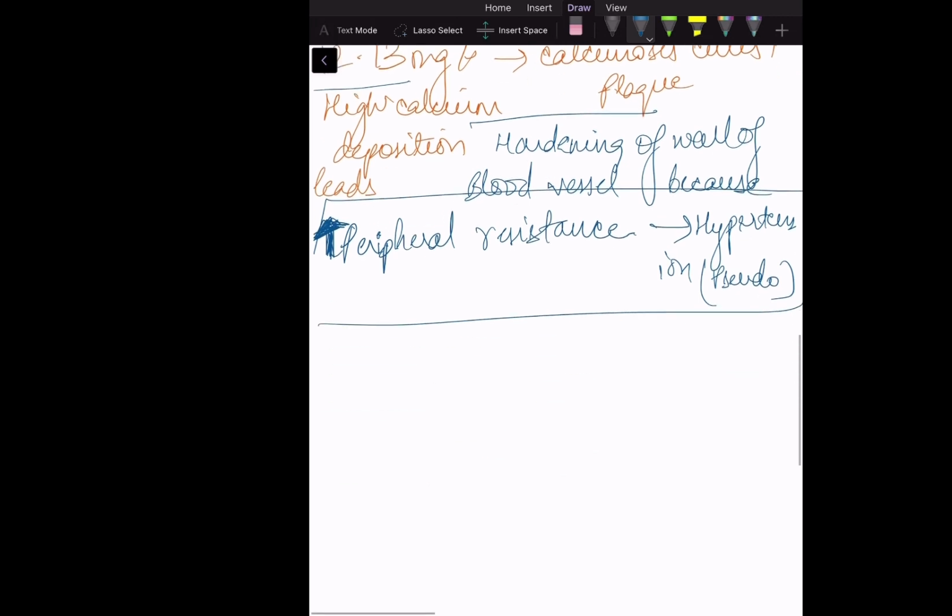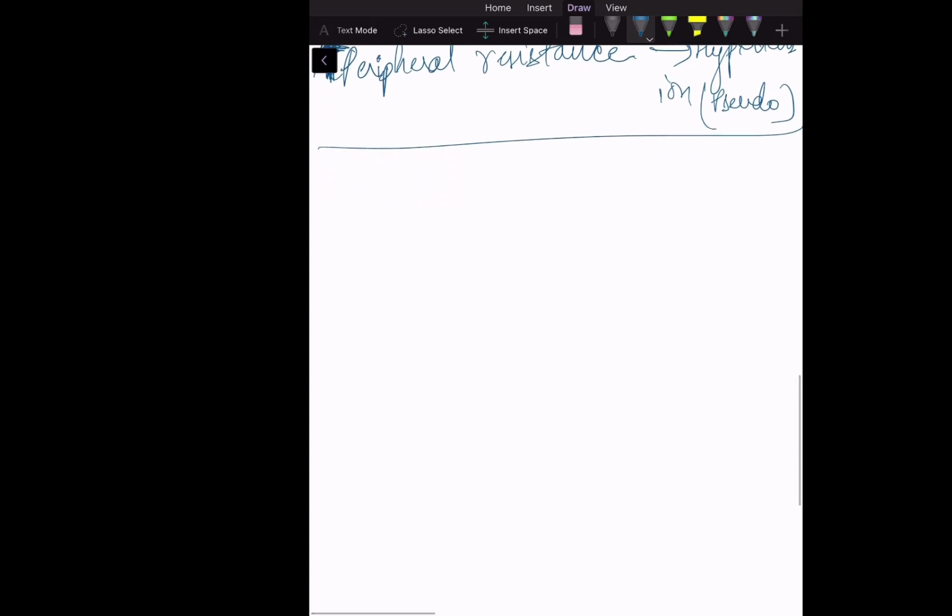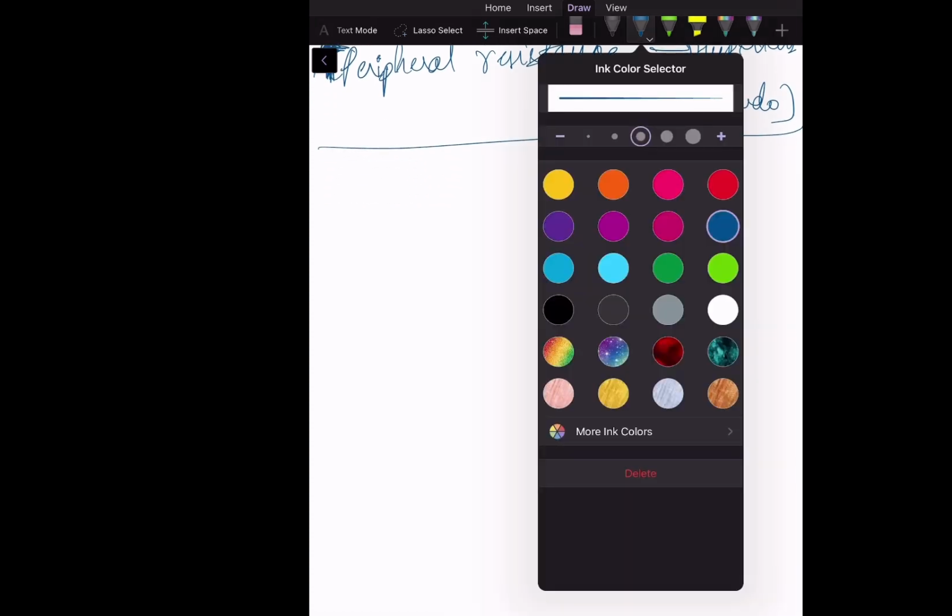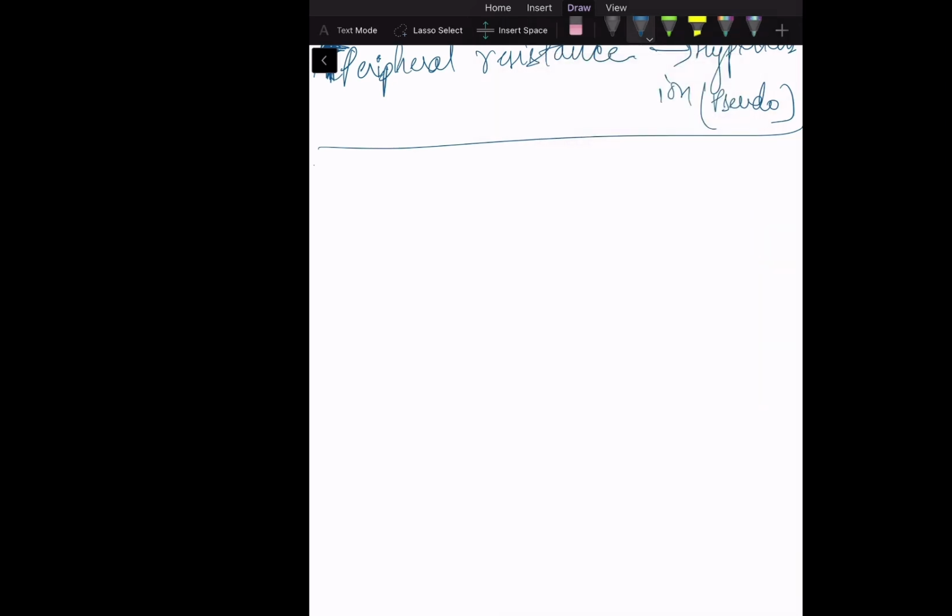Then we come to secondary Parkinsonism. In this, what happens?